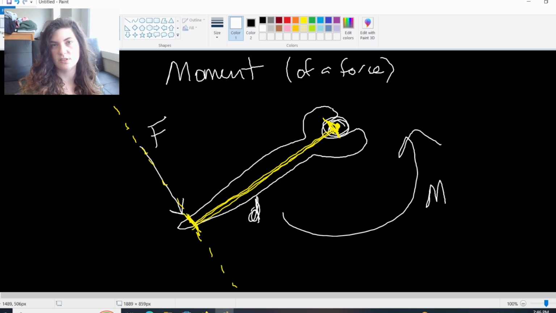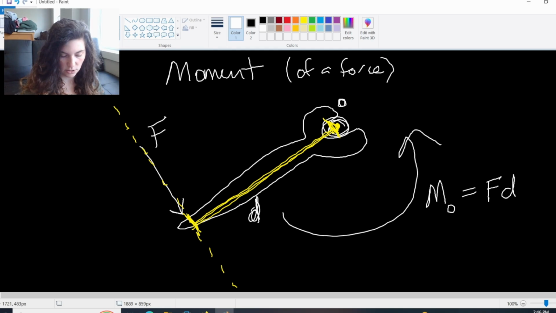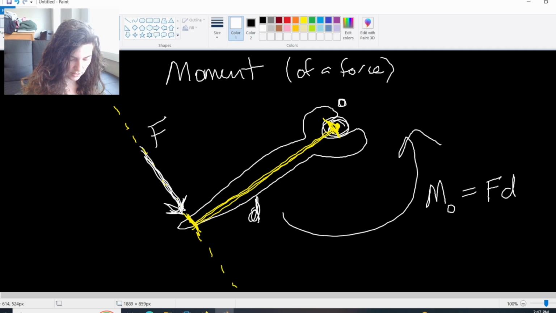The moment. We use the symbol M for moment, and usually we have a subscript for it, which is the point we're rotating about. So we might call this point O. And so we might say the moment about O is the force times the perpendicular distance, right? So that is this force here, this F force, times the perpendicular distance.